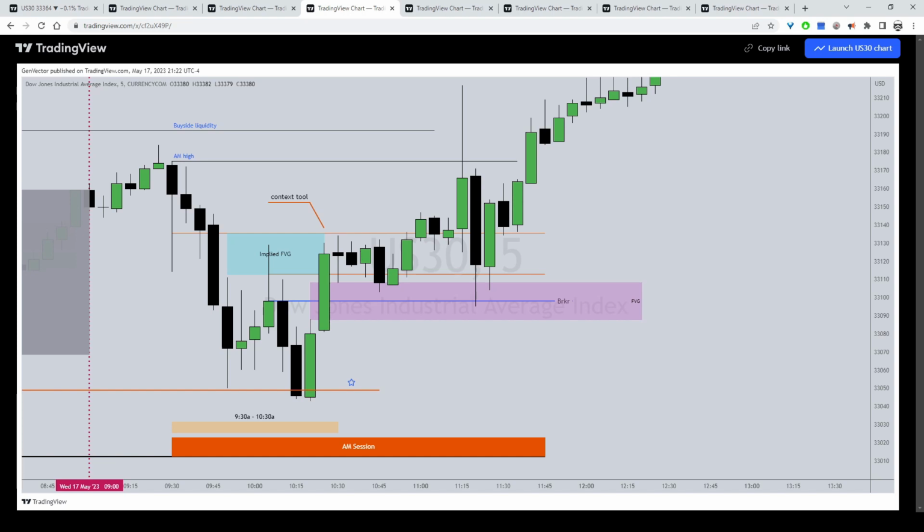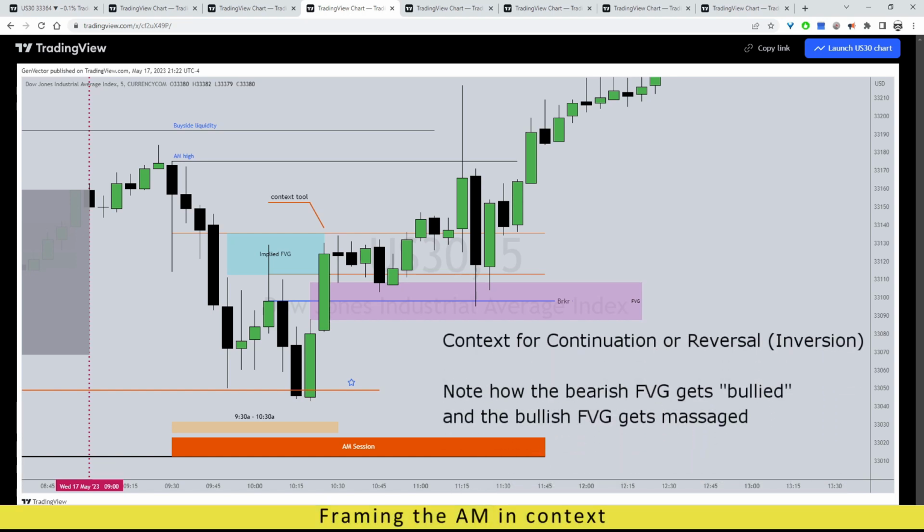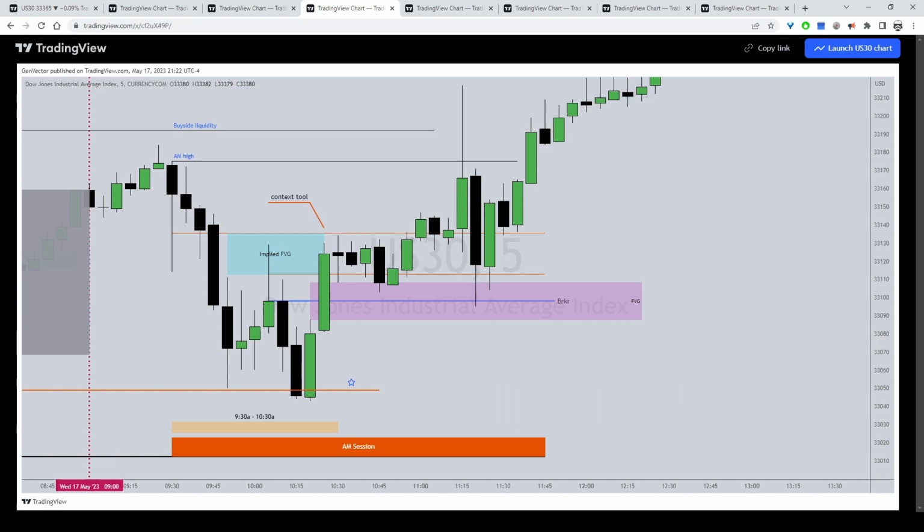So continuing to follow the outline, which is to mark the moments in time. The context tool that I've implemented is the implied fair value gap: a down-range candle with 2 long wicks on either side, using that as an implied area to confirm either the bearish or a flip bullish.